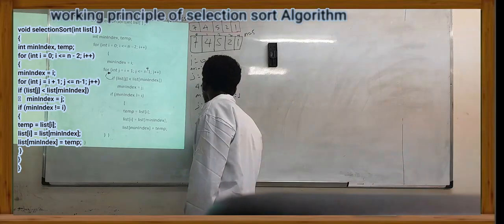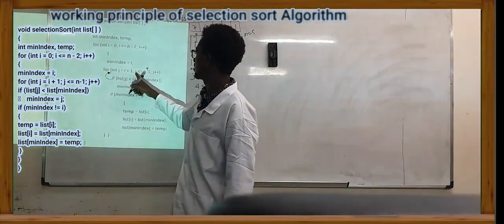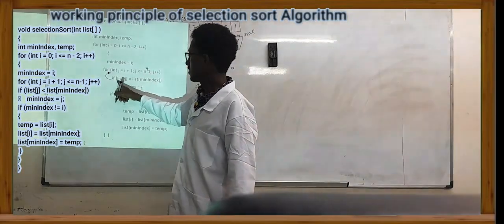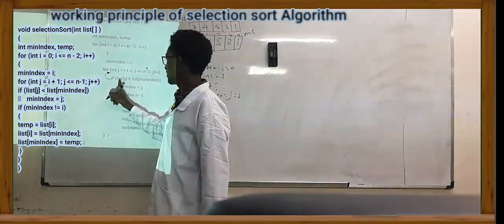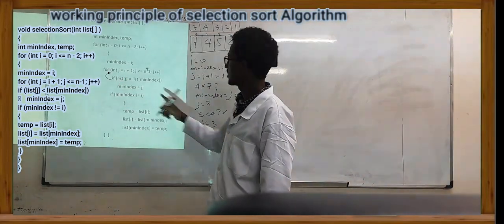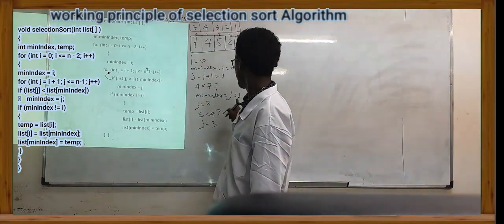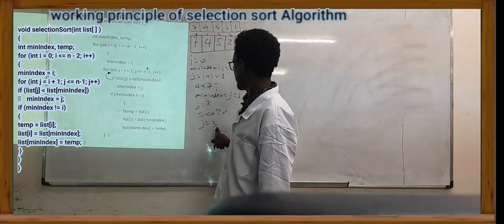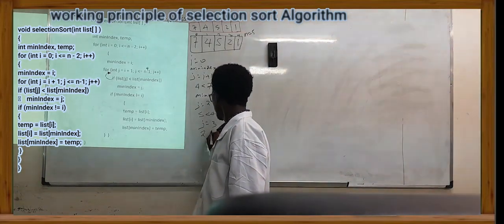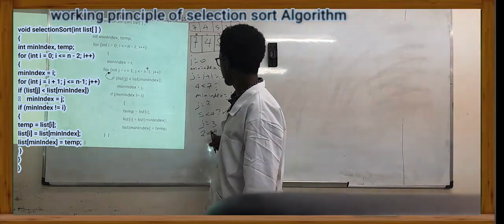j becomes 3. j incremented to 3. Check the condition: 3 less than or equal to 4, true. Then check the condition inside the for loop: list of 3 less than list of min index. j is 3, min index is 1. List of 3 is 2, and list of 1 is 4. Is 2 less than 4?